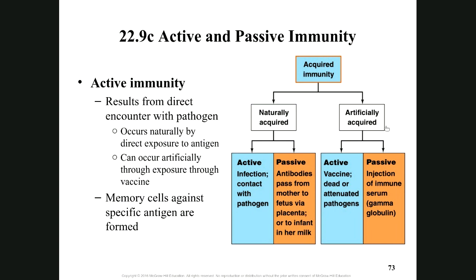In artificially acquired immunity, sometimes the immunity is active when we do vaccination, and sometimes it's passive. It means that we use a specific type of antibody from another person directly in the body. So we have two types of acquired immunity, naturally acquired and artificially acquired immunity.